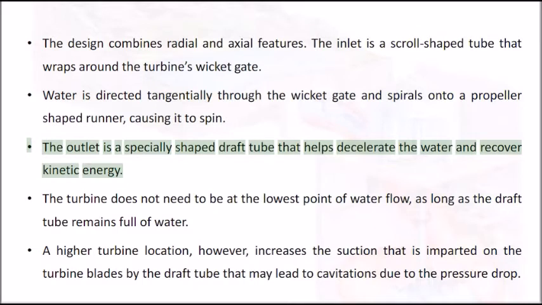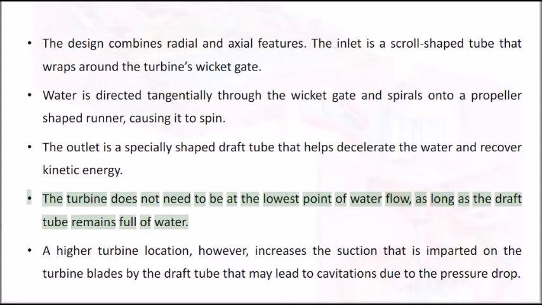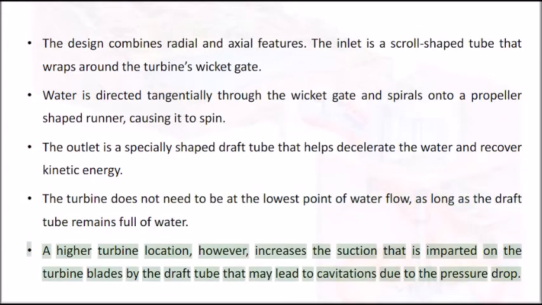The turbine does not need to be at the lowest point of water flow, as long as the draft tube remains full of water. A higher turbine location, however, increases the suction that is imparted on the turbine blades by the draft tube, which may lead to cavitation due to the pressure drop.